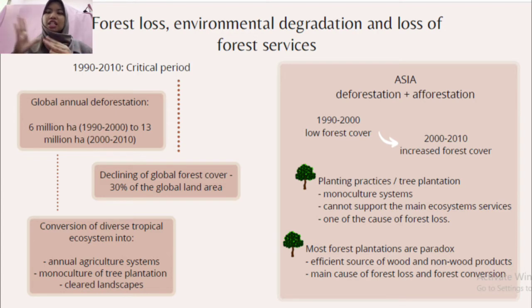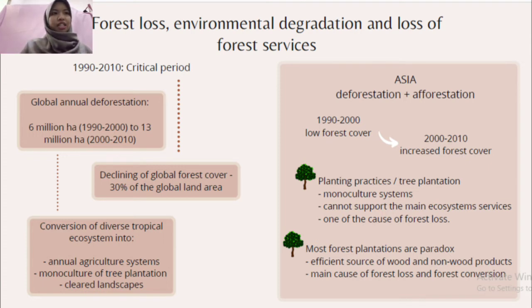The forest plantation also becomes a main cause of forest loss and forest conversion. So we need to do something about our forest, and that is why this multi-species tree garden can help our world from forest loss.